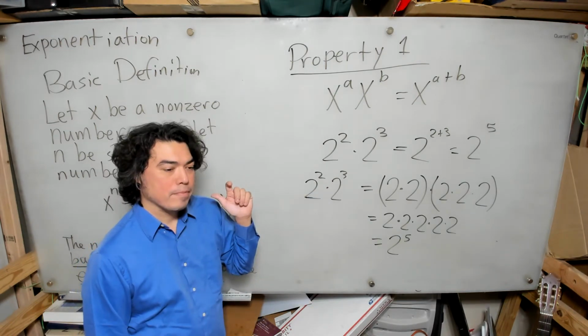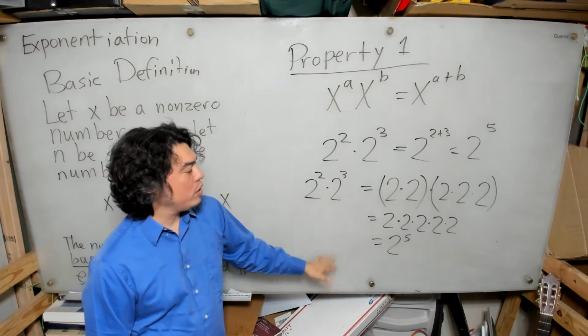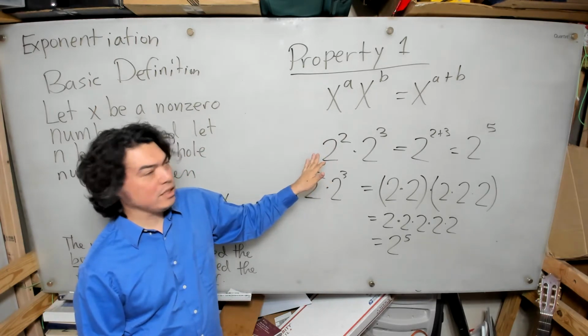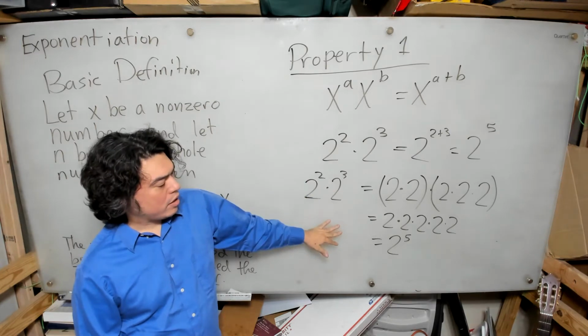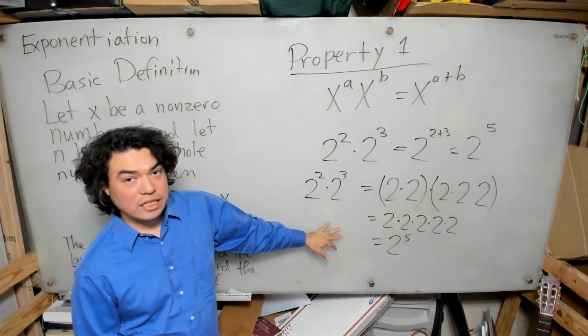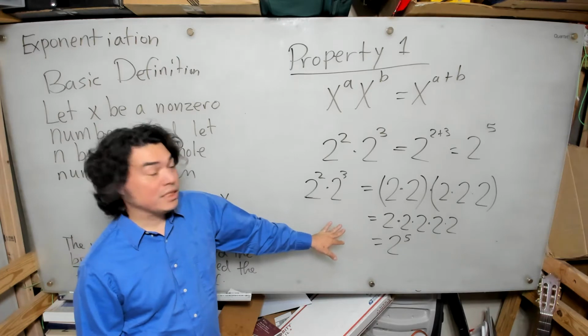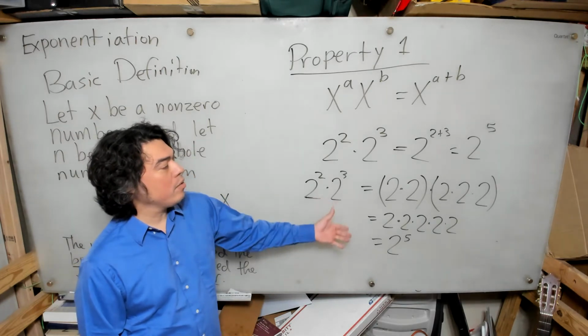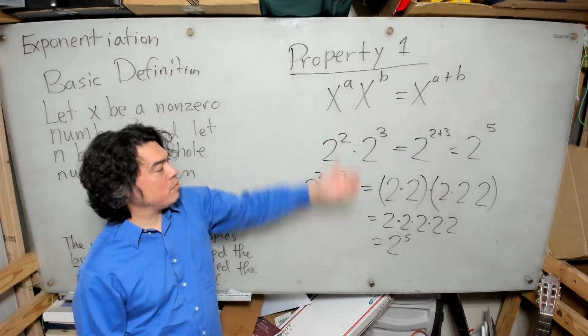So what we have just shown is that this rule, which gave us this easy result, is satisfied by this example. And also this example shows us what's happening behind the scenes, like how this rule came to be.